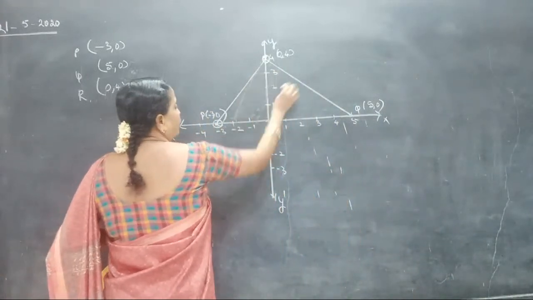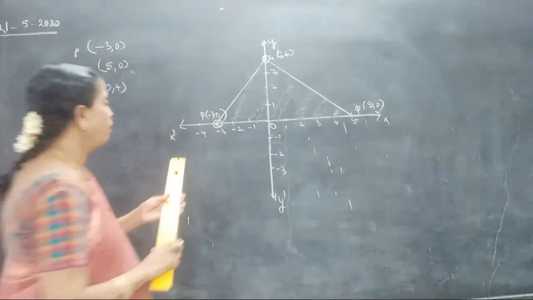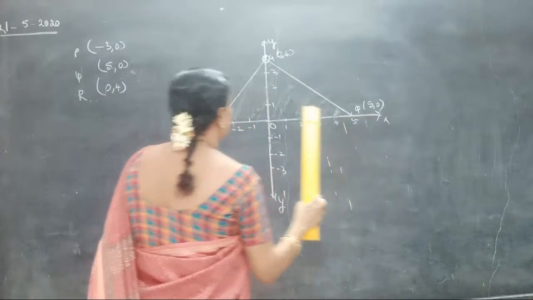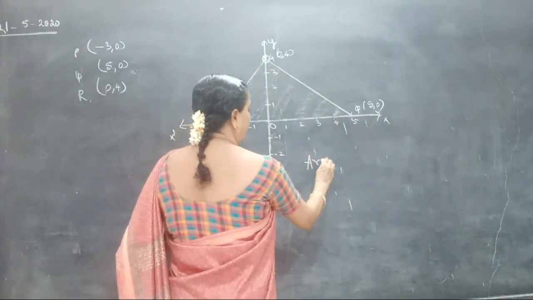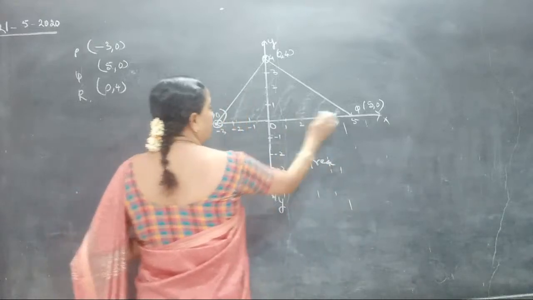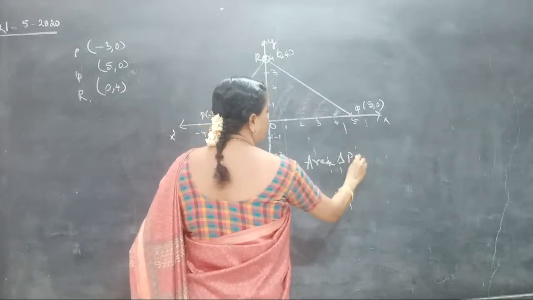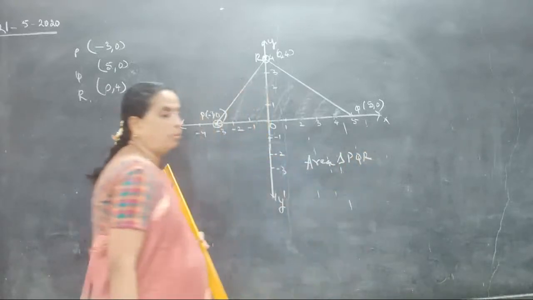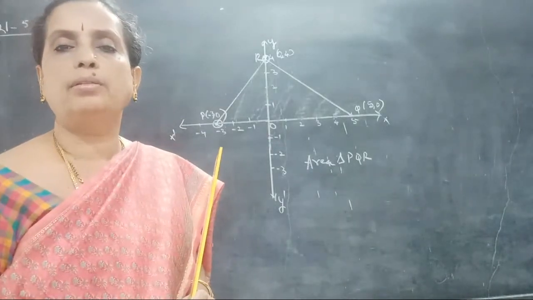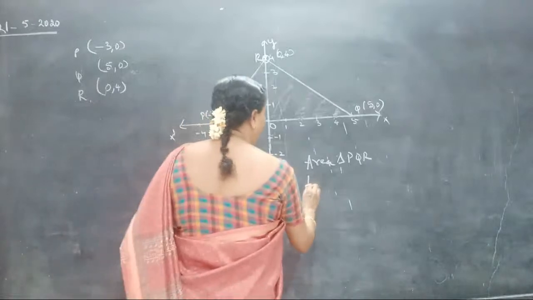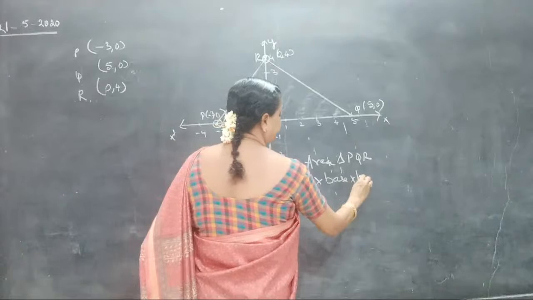We have to find the area of this triangle. For the area, we consider this as the base and this as the height. In the figure, write this as P, Q and R. Area of triangle PQR: we know the formula, area of a triangle equals half into base into height.